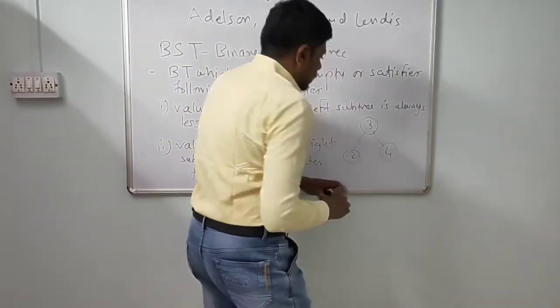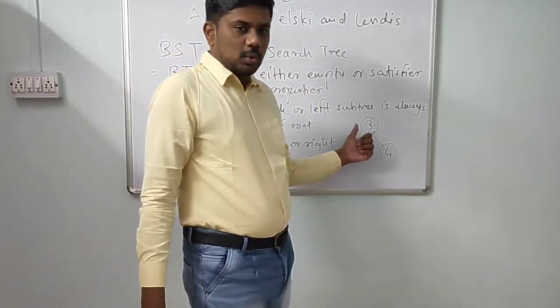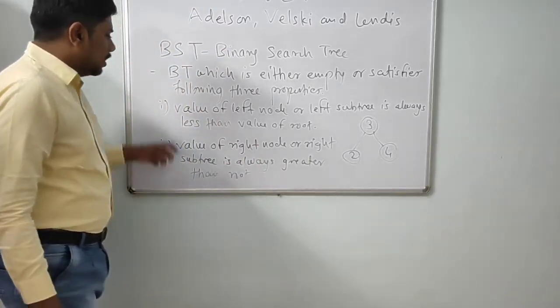So the right child of this 3 is always greater than this root. These are the two properties.